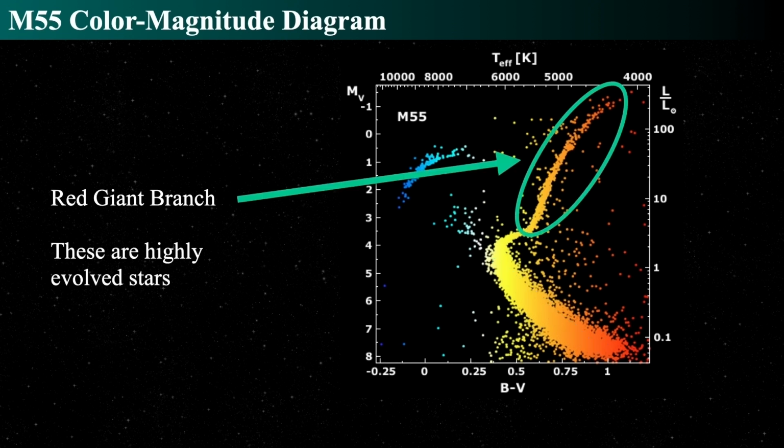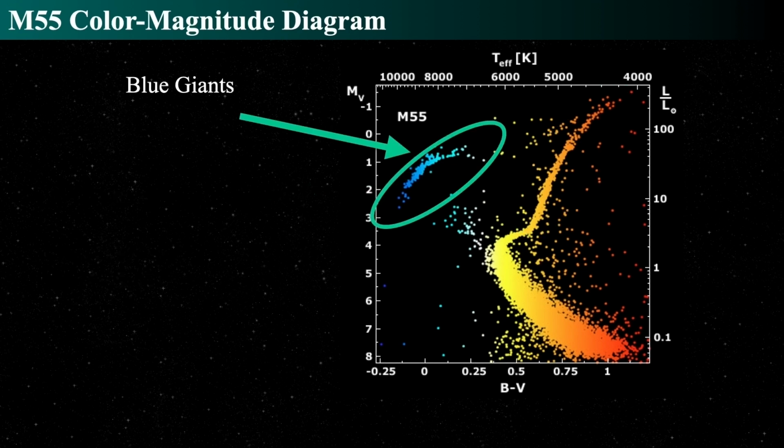So the red giant branch are extraordinarily evolved stars. They've dead and gone. So they're off the main sequence. They are no longer burning hydrogen in their core. Something has changed in them, and they have changed to become red giants. And some of the stars are blue giants, and those blue giants are a result of now they're not just burning hydrogen, but they're probably burning helium.